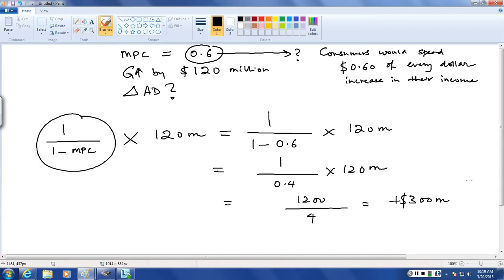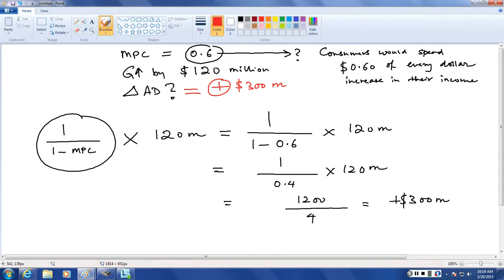So what's the change in aggregate demand? The change in aggregate demand is plus 300 million. What's the purpose of this plus? This plus indicates that this is an increase in aggregate demand. Positive changes are increases. Negative changes are decreases.